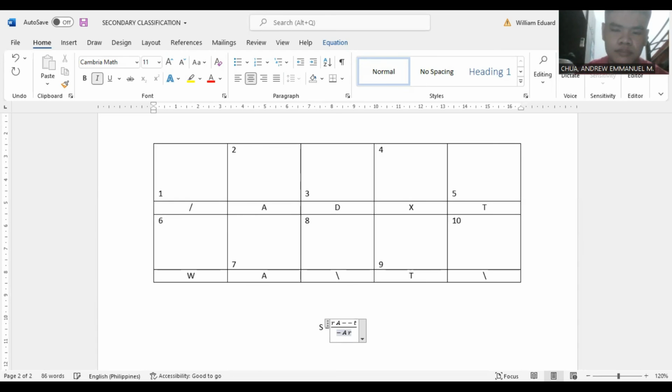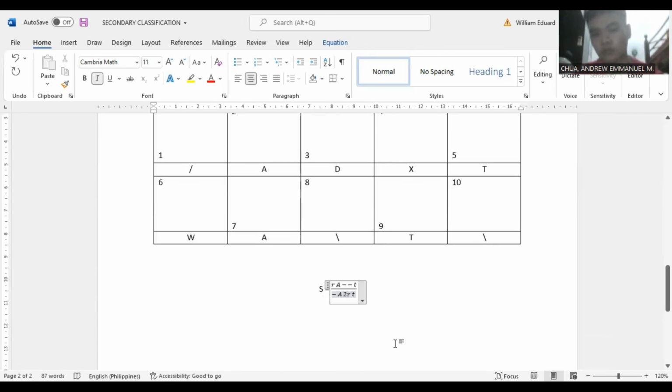We'll put r, and then t, and lastly r. Since we again have two radial loops on the denominator, we'll remove the other r and put 2r on the denominator to tell the readers that we have two radial loops on the left hand. So therefore, this is my answer.